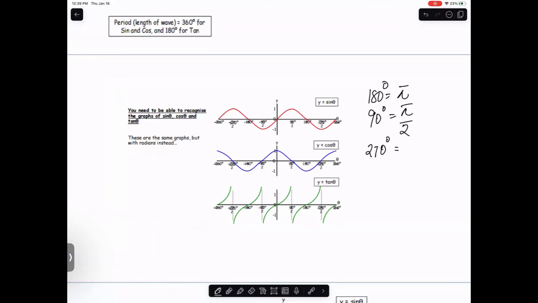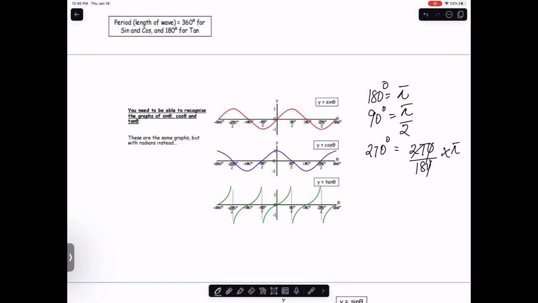So I have 270 divided by 180 multiplied by pi.